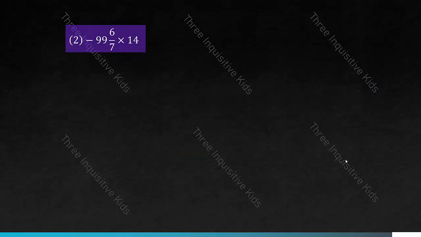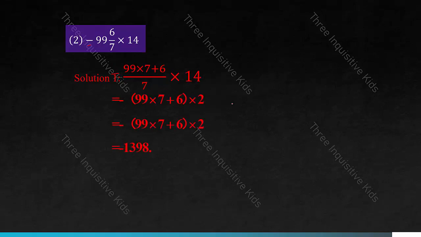Here's example 2. Solution 1 tells us to first turn this mixed number into an improper fraction. And here I want to add something. There's a negative sign here, so there should also be a negative sign here. And then times 14 to get negative 1,398.